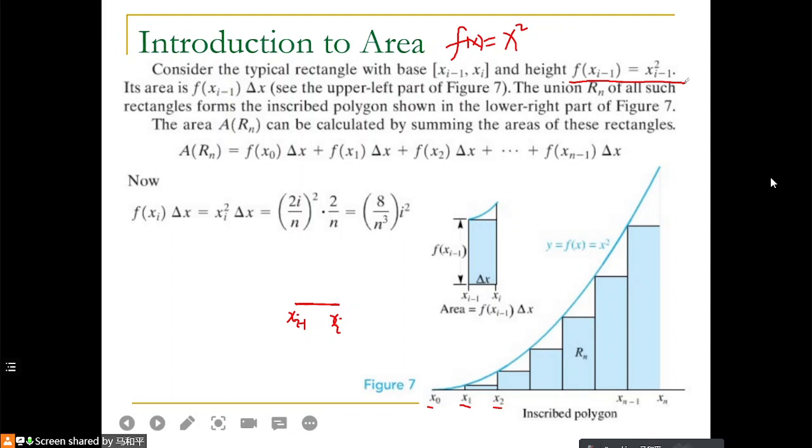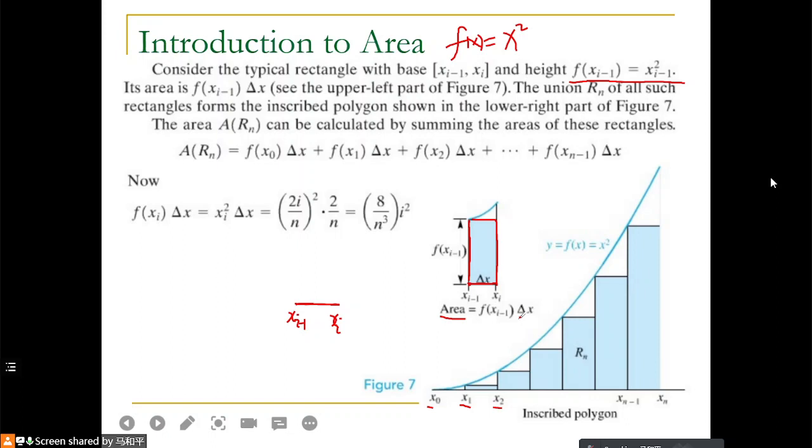For this rectangle, the area is equal to the height f(x(i minus 1)) times the base delta x.